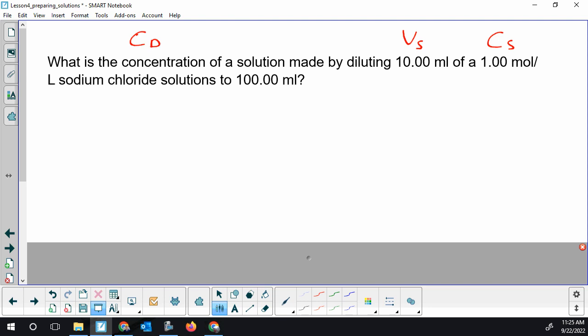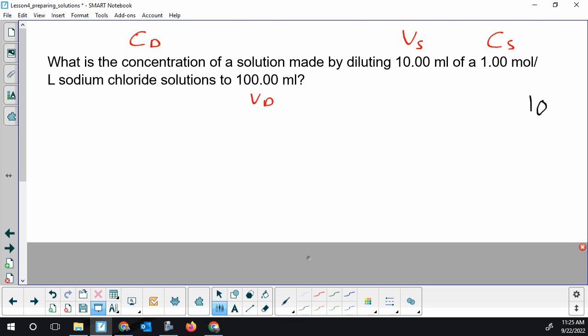The final volume is going to be 100. So you want to transfer 10, you want to put 90 mils of water in the volumetric flask to get up to that line. So we'll do the math orally. No need of an equation here, but we'll do it second. So what's going on with our concentration?